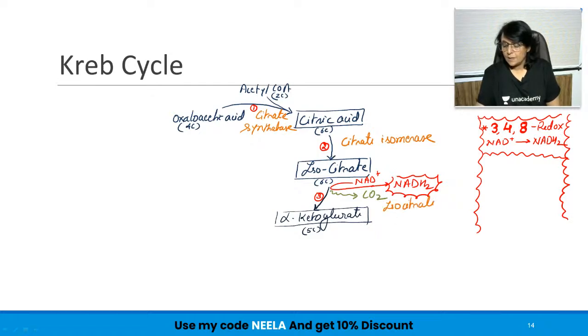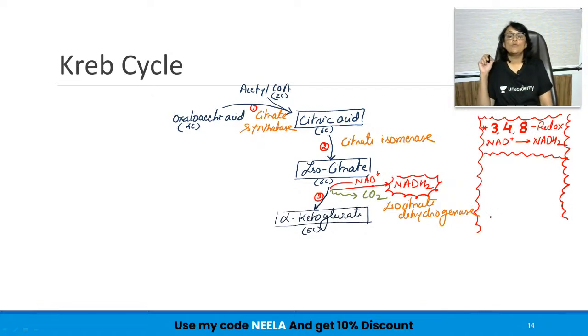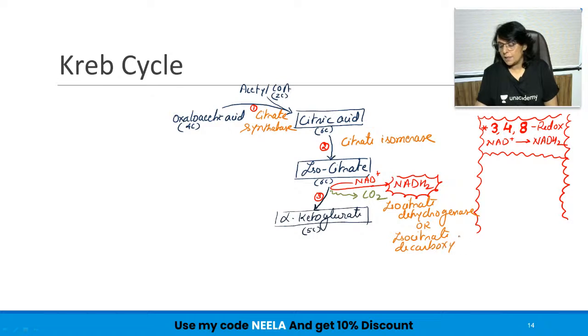isocitrate dehydrogenase. Hydrogen has been removed from isocitrate. We can also write one more name here, and that is isocitrate decarboxylase. Are you getting these names of the enzymes that we are writing here?